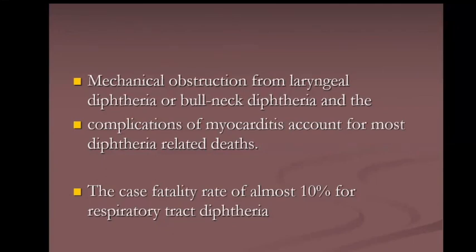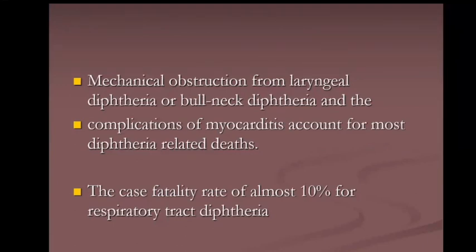Because of all these factors, it is becoming rare. But we have to become very familiar with the classical symptoms, and if there are outbreaks, we have to recognize and treat. If there is a break and the immunization chain is broken, then there is always the risk.